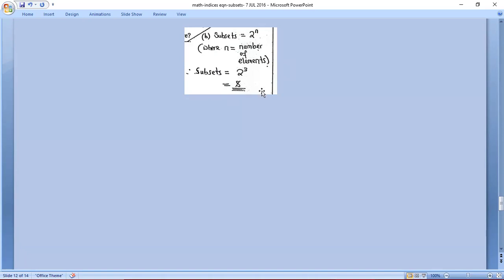By the way, you can even work this out for small numbers to test if it is correct. If it has 3 elements, for example the numbers 1, 2, and 3, let's check how many subsets, meaning how many sets are within this set. The empty set is always one of them, and the set of all of them is another set.